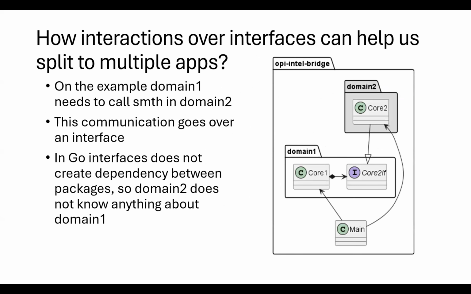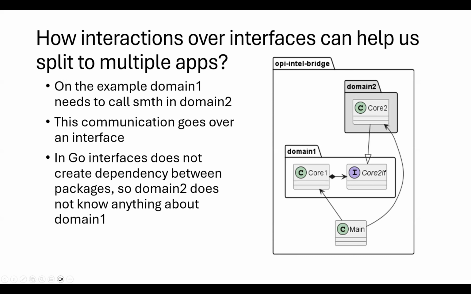And during the discussion, there were some concerns about why we need to communicate between domains by means of interfaces. So I prepared some diagrams to show why it can be useful.